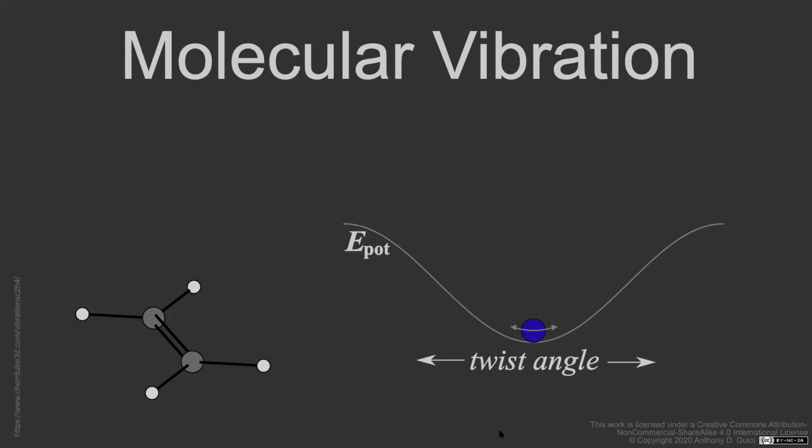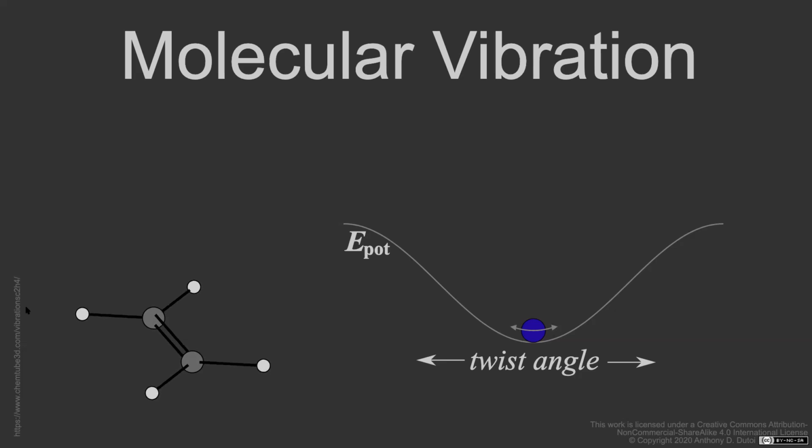And what we're describing is like trying to get dressed in a reverse mirror. Okay, so as this hypothetical, fictitious ball is going back and forth in terms of this twist angle, what's happening is that this molecule is oscillating back and forth in terms of its twist angle.